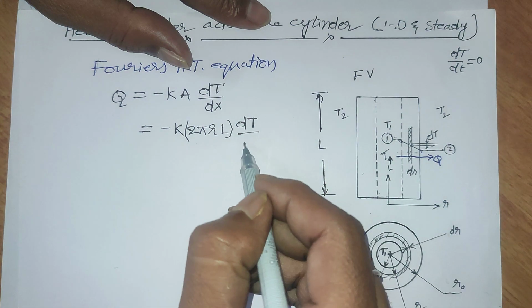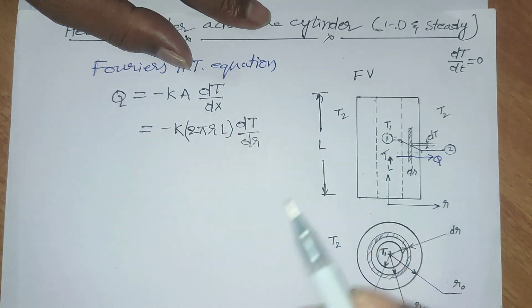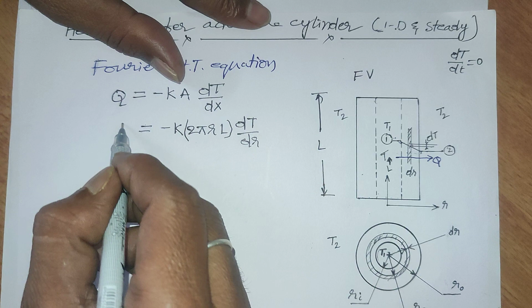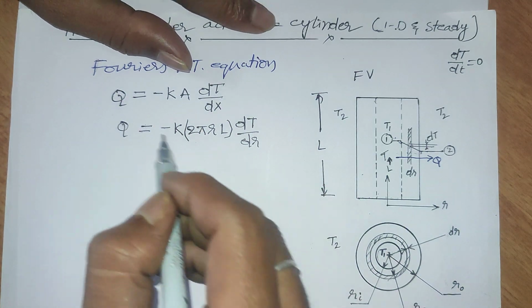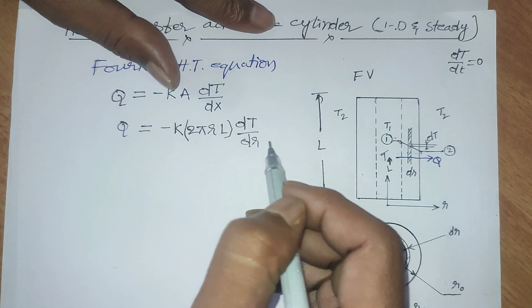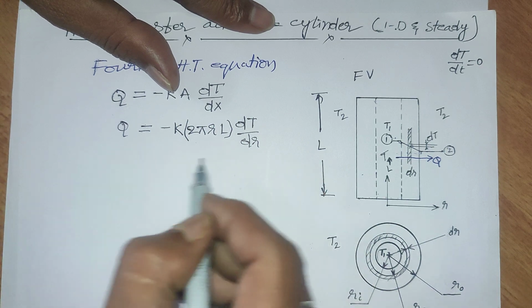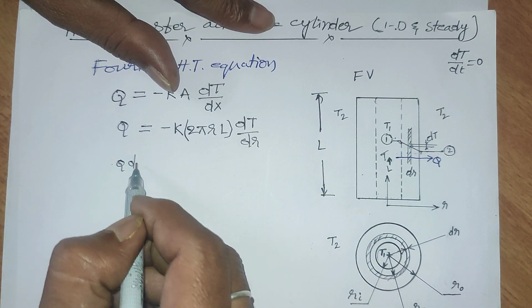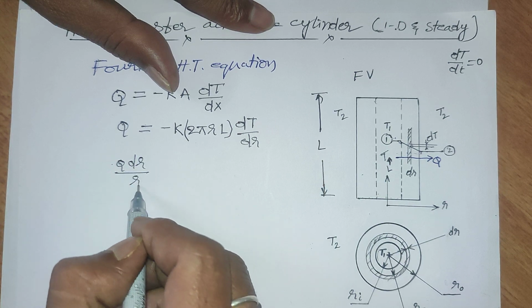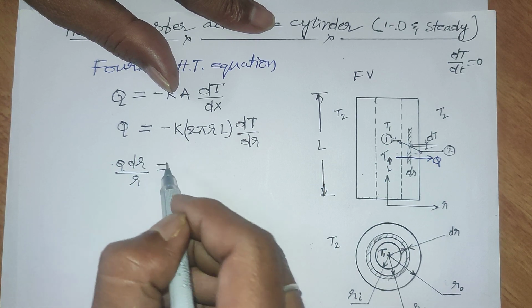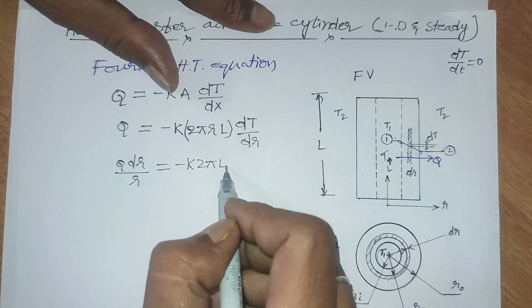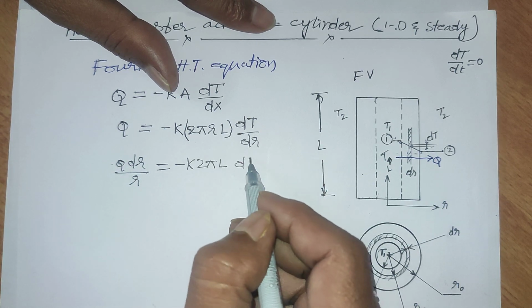This is dr. So this is Fourier's equation of heat transfer, and rewrite this like this. Take this side, Q into dr by r is equivalent to minus k 2 pi L dt.